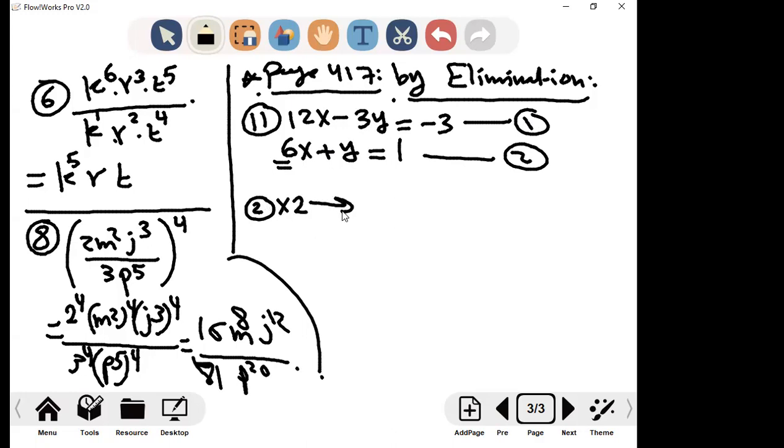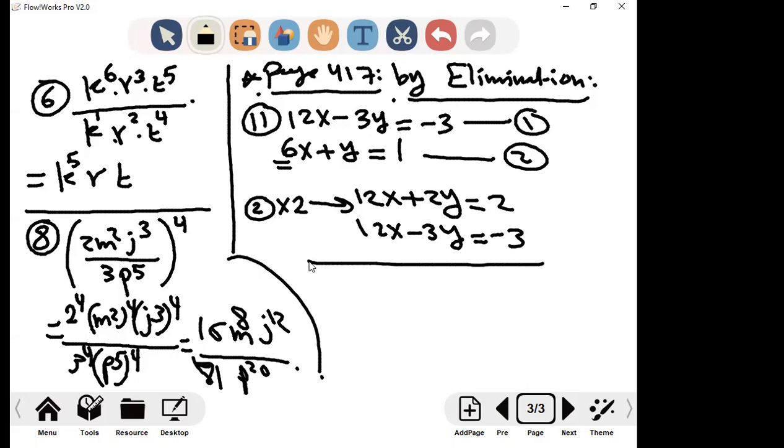Equation 2, I want to multiply it by 2. It will be 2 times 6x, 12x, 2 times y, 2y, 2 times 1, 2. Now put the first equation under. When you add numbers, you align them, right? Same idea here. It will be 12x minus 3y equal minus 3.